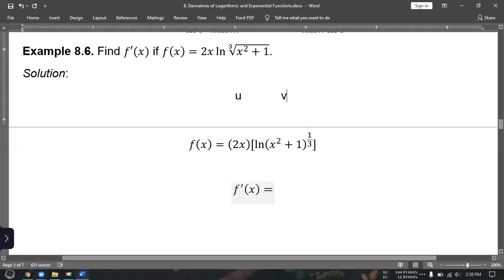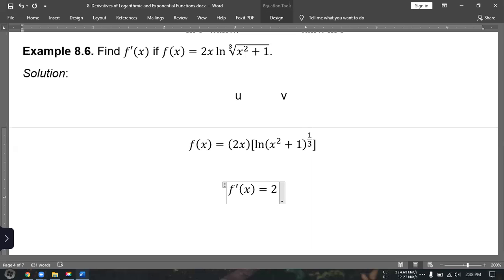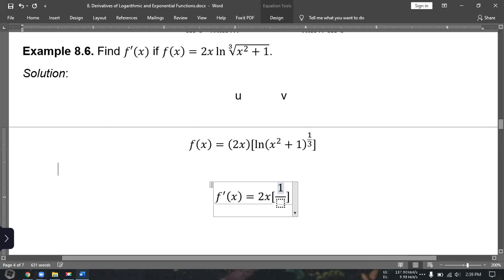So we copy the first factor, and then differentiate the second factor, natural logarithm of the quantity x squared plus 1 raised to 1/3. So that is 1 over this.